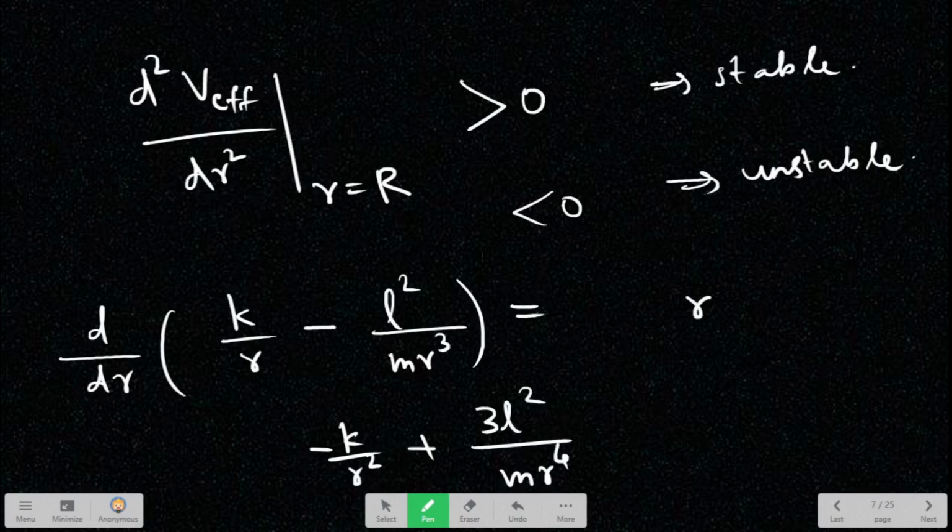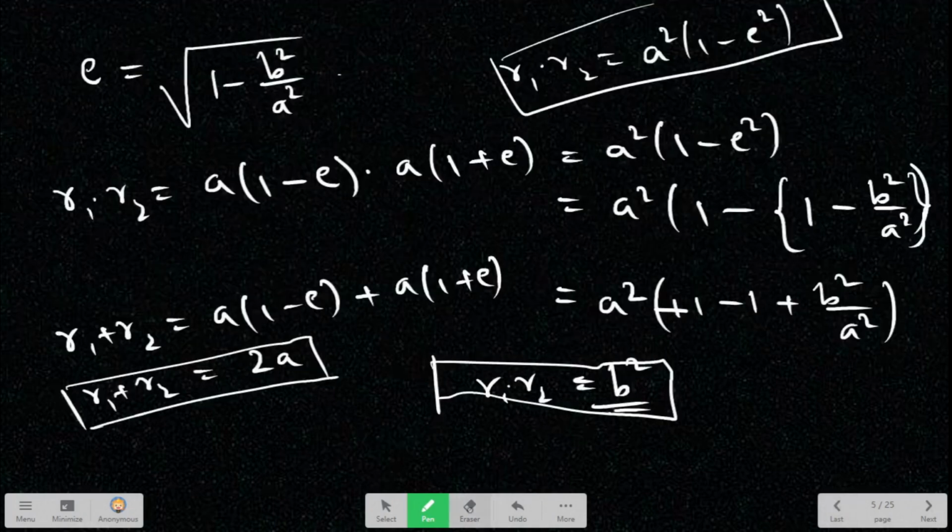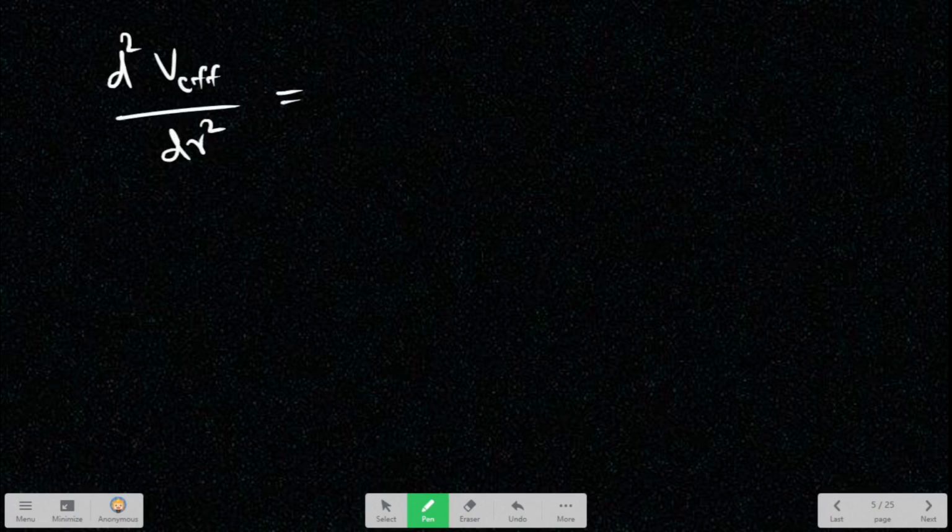Now you put r equal to L divided by root of mk, then d square V effective upon dr square will become minus k by r square plus 3L square upon mr raised to 4.